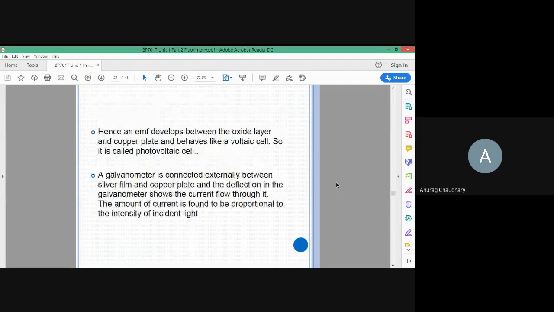Hence, an EMF is developed between copper plate and oxide layer, and the current developed due to this EMF is measured by connecting a galvanometer. Now, the amount of current that flows is proportional to the intensity of incident light.